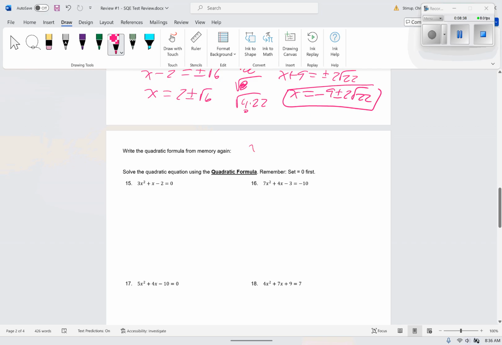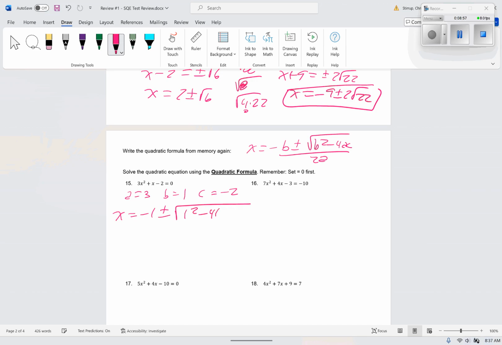All right, so remember, x is equal to negative b plus or minus the square root of b squared minus 4ac all over 2a. So my a value is 3, my b value is 1, my c value is negative 2. X equals negative 1 plus or minus the square root of 1 squared minus 4ac, divided by 2a.